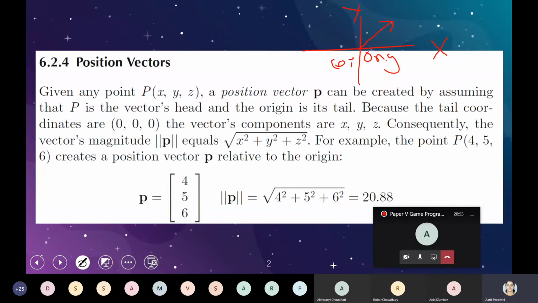So the tail of your vector is at the origin, and the head can be anywhere. It can be in the first quadrant, second quadrant, third quadrant, or fourth quadrant. The head can be anywhere, but if the tail is fixed to the origin, then that vector is called a position vector. Simple definition.